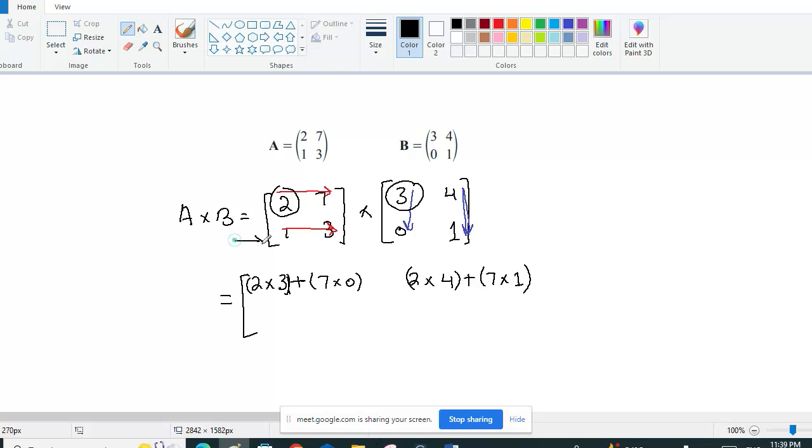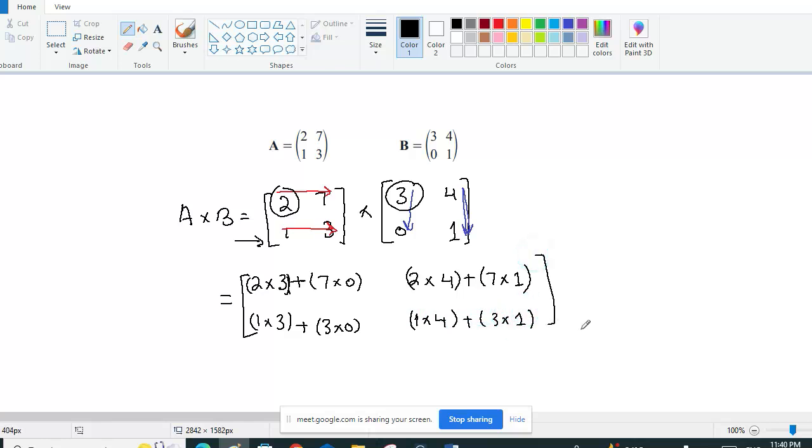Let me go with the second row. In the second row, 1 will be multiplied by 3, so 1 multiplied by 3 plus 3 multiplied by 0. Now this same row will be multiplied with the next column in the same way, that is 1 multiplied by 4 plus 3 multiplied by 1.